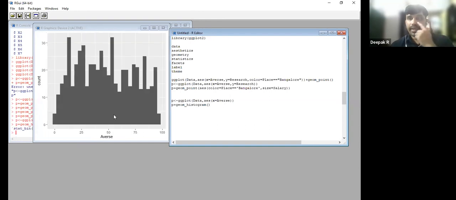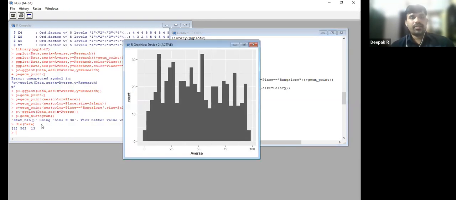So here I have the histogram, with around 500 responses. If I look at the dimension of the data, you have 562 observations across 13 variables.